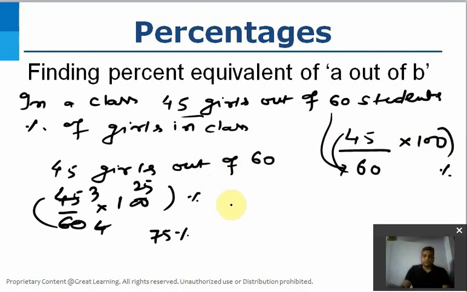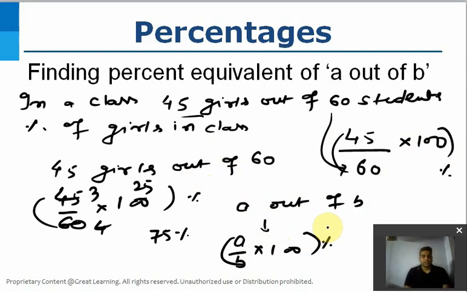So if I have been given a situation that a out of b, then I simply write it as a by b into 100 to convert it into percentage. That is the way to convert to percentage when you have been given a scenario like a out of b, or 50 out of 80, or 45 girls out of 60 students.